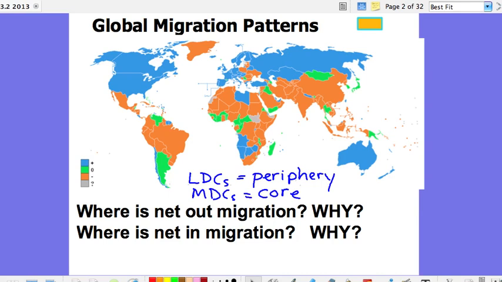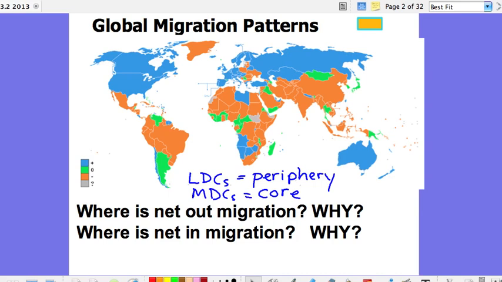So when you look at this map, you can see some patterns. You see that North America, specifically Anglo-America of Canada and the United States, is a place where they have more people coming into their countries than leaving. So there's a net in migration. You see places in especially Western Europe, Northern Europe, into Russia.